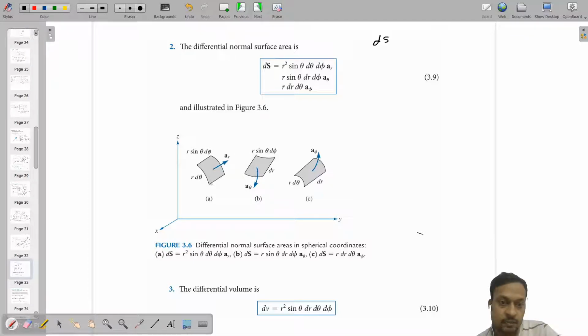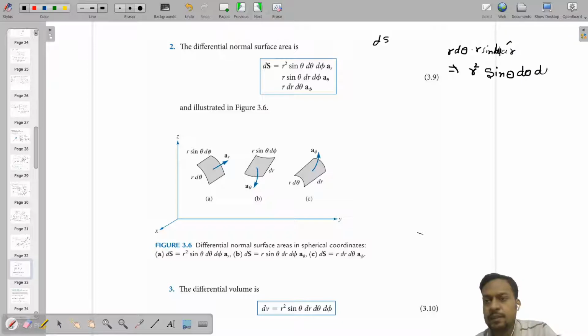This is the arc length, which is r d theta, and the arc length r sin theta d phi. So along the unit vector a_r, we have r d theta into r sin theta d phi, which we can rewrite as r square sin theta d theta d phi along the unit vector a_r. So this is the first equation.